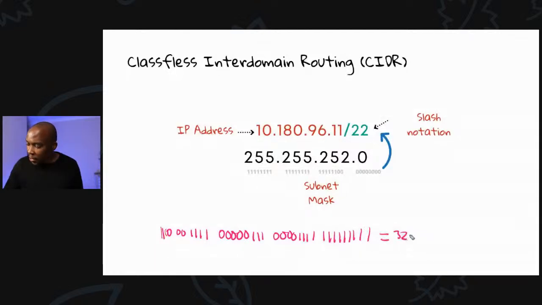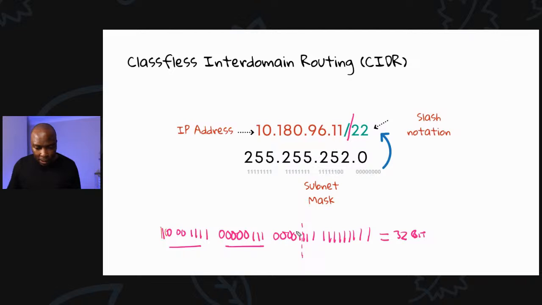This is our 32-bit address. You're with me? When we say /22, we are going to count 8 plus 8 plus 6, and we are going to draw a line.